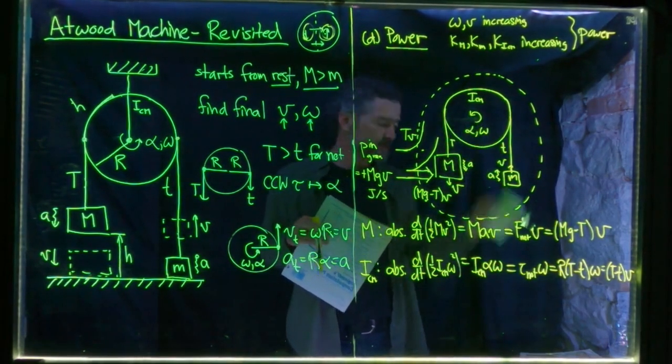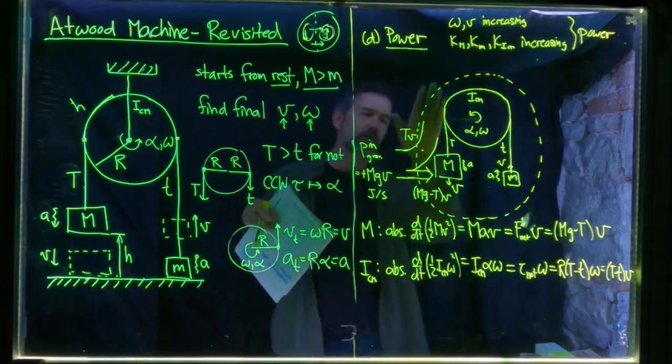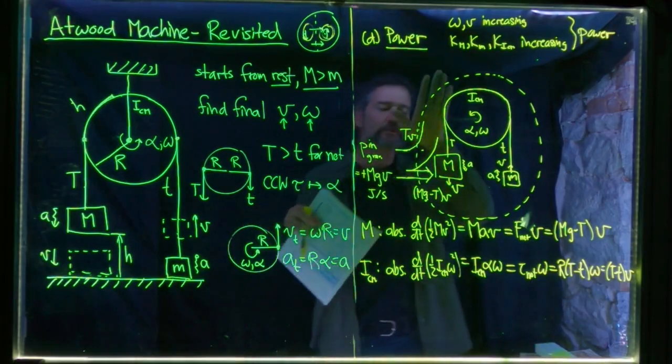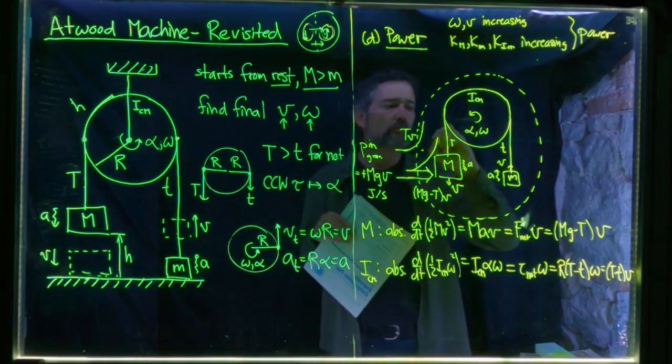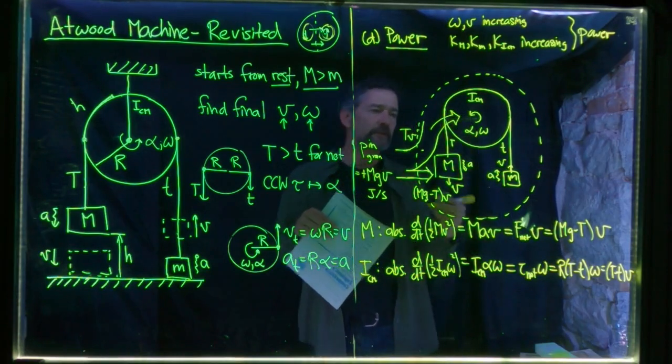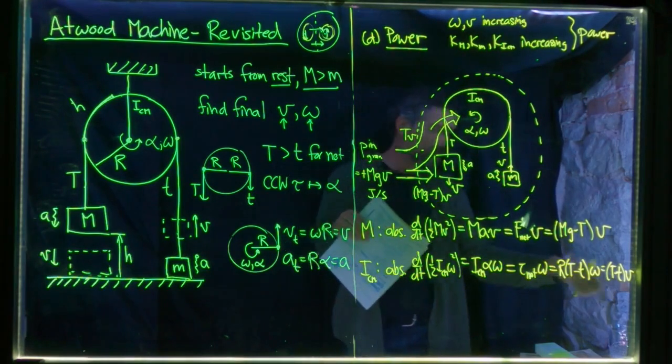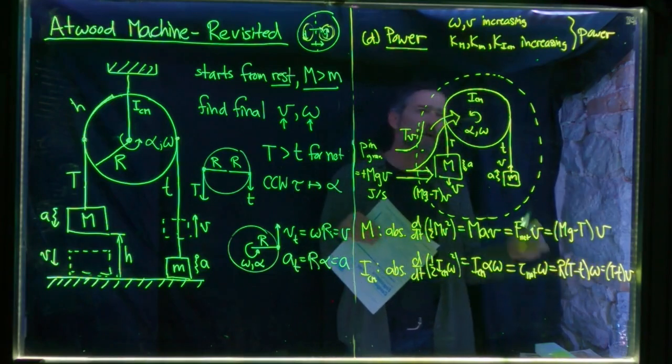So what that means is this pipe of power which is coming in, some of it gets bled off into the wheel, into the pulley. And the amount that's bled off into the wheel is big T minus little t times v.